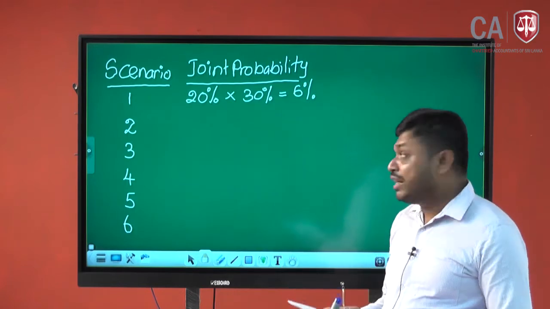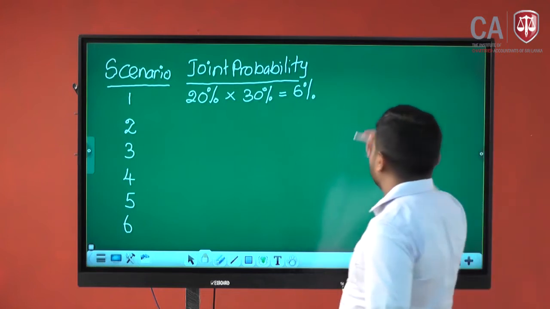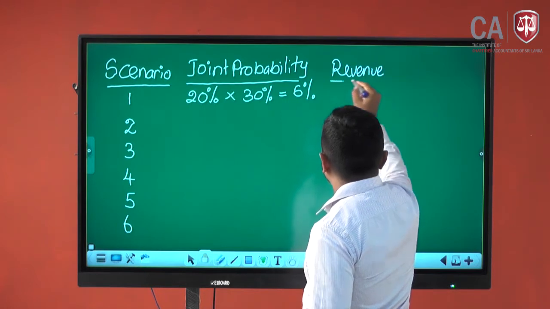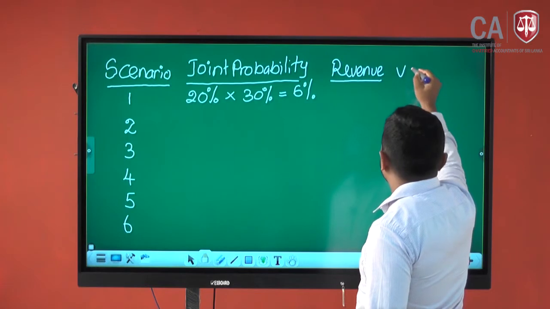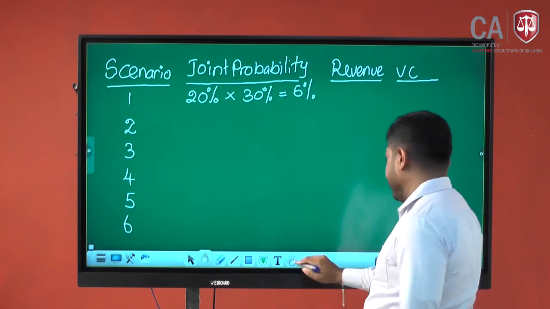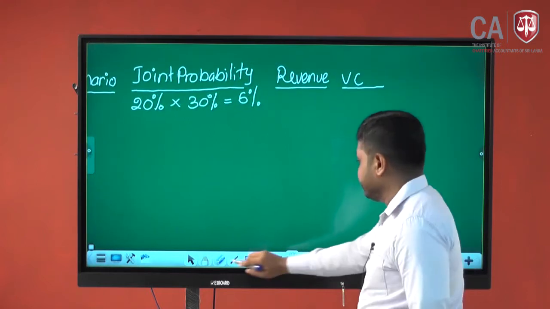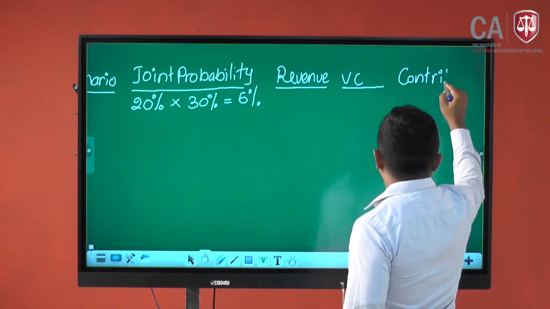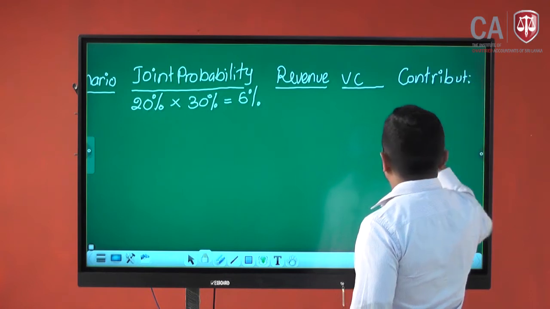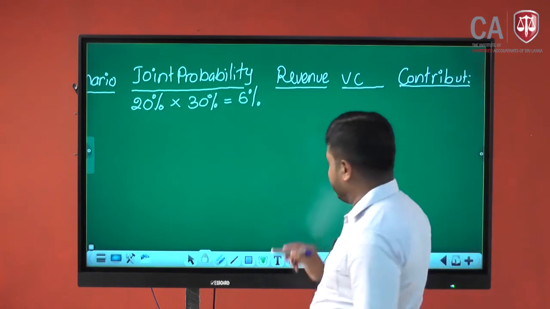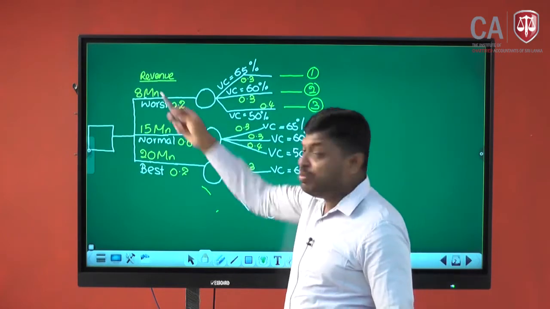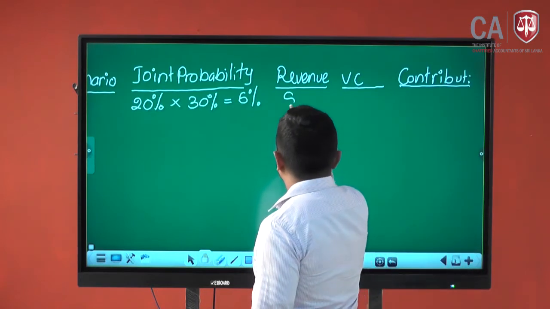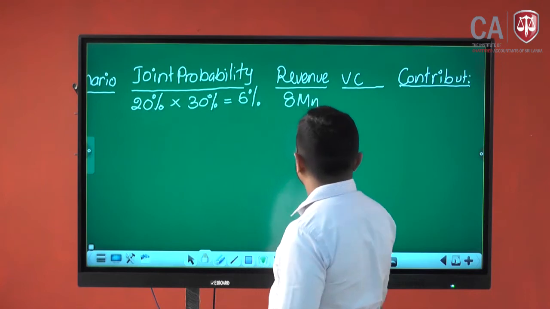Now, what is your contribution? Take revenue, variable cost, and the contribution. At scenario 1, if you go back, your revenue will be 8 million, right.